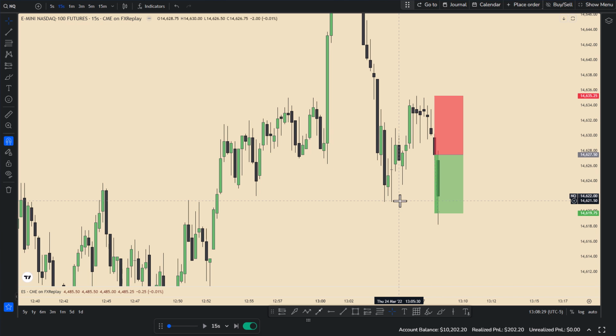So you can be convinced that your belief that a market structure break should reverse the trend is not the way to go. It's quite the opposite.